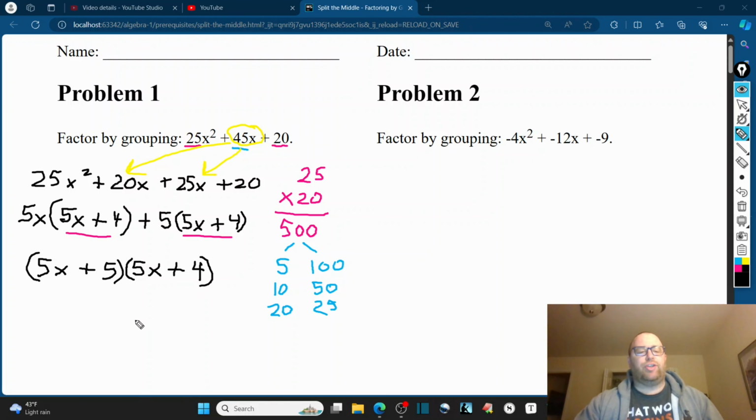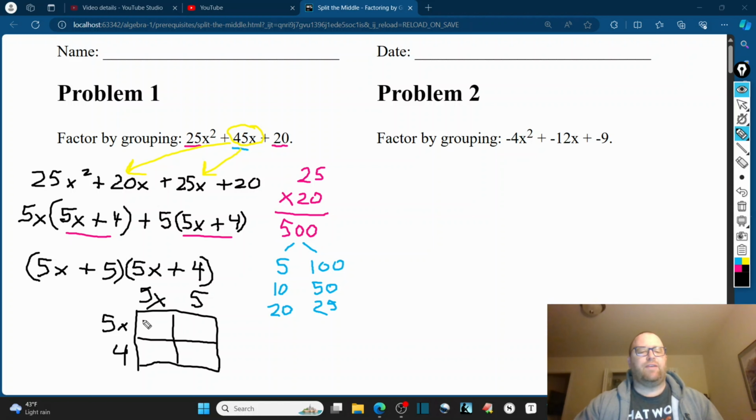If I were to want to check this, I can do a Punnett square, or I could do FOIL or double distribution if I wanted to. I like the Punnett square, so let's just put 5x plus 5 here, and 5x plus 4 here. 5x times 5x gives me 25x squared. That checks with my first term here, so that checks.